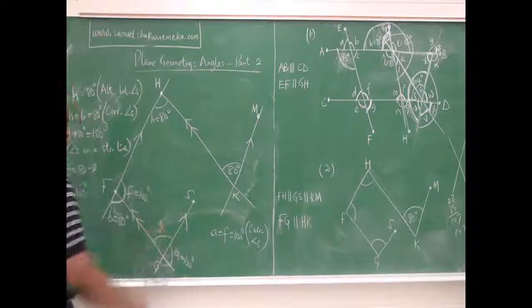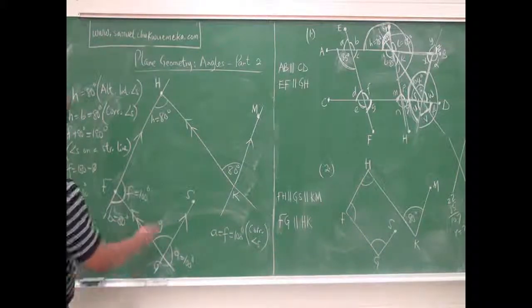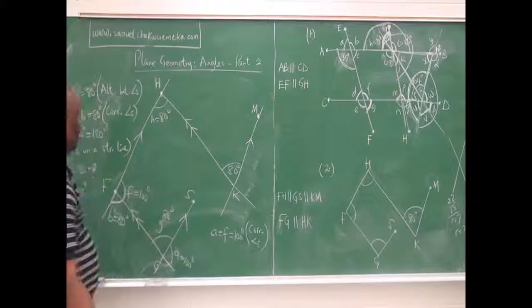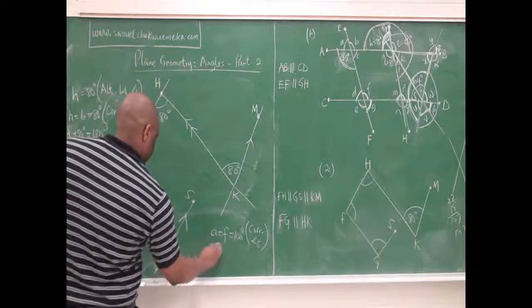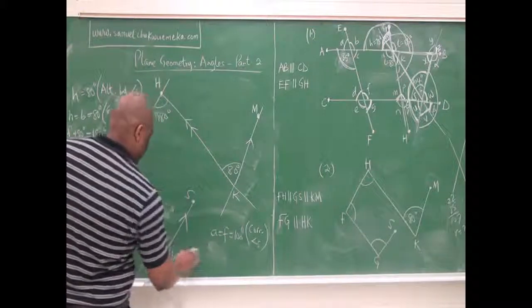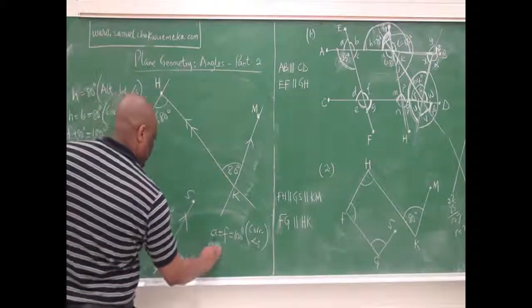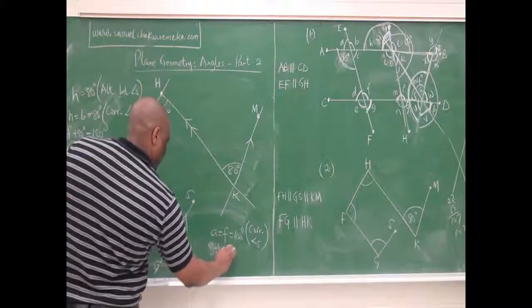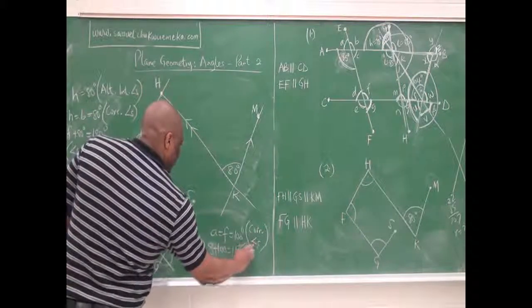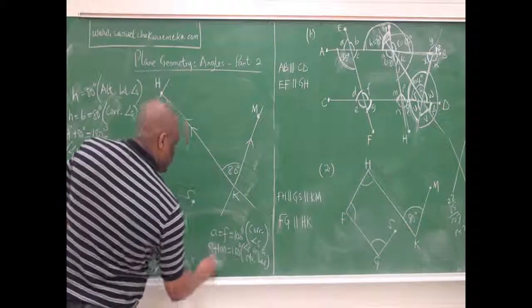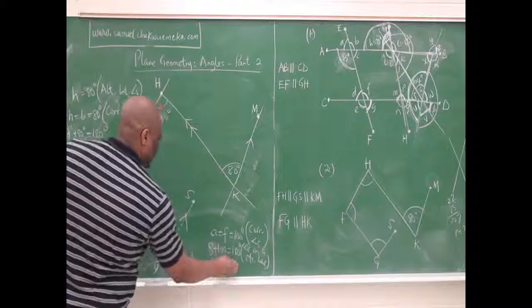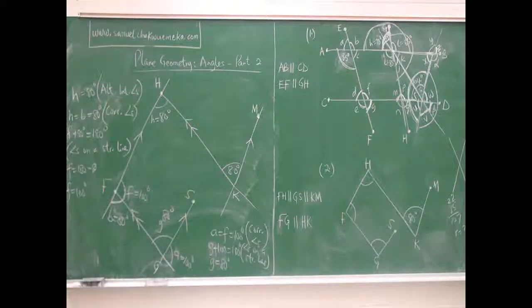And then small g is also 80 degrees. Small g is 80 degrees, because small g plus 100 is 180 degrees. Reason: angles on a straight line. So small g is 180 minus 100, which is 80 degrees.